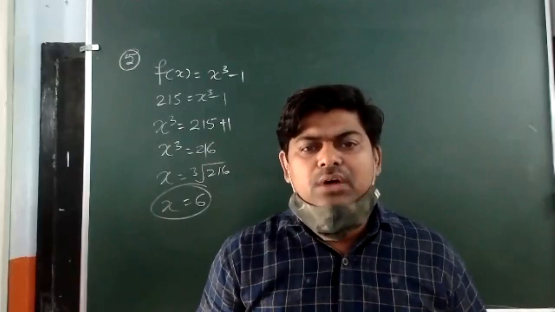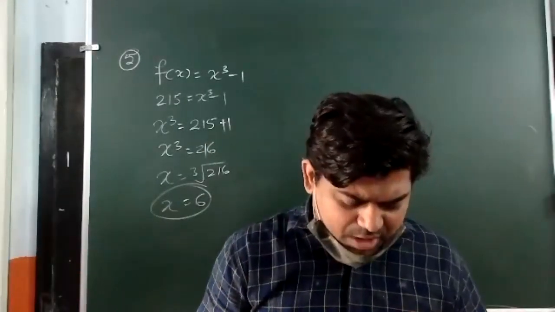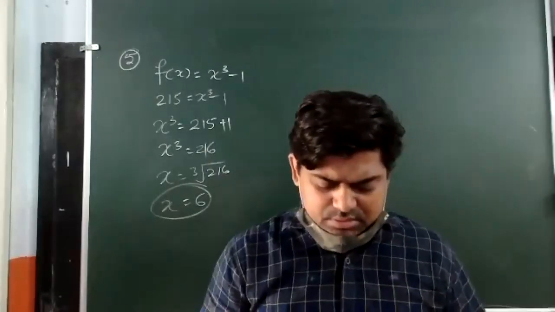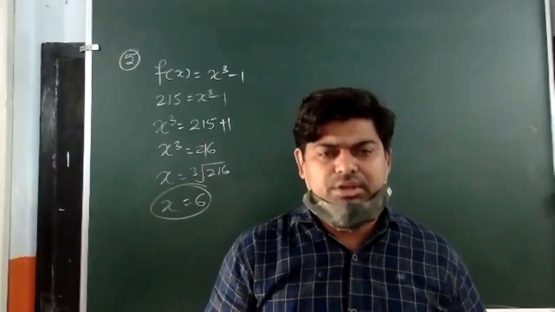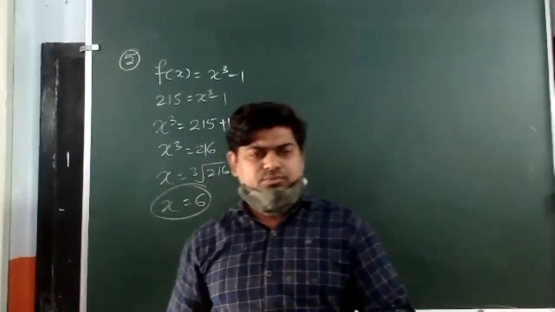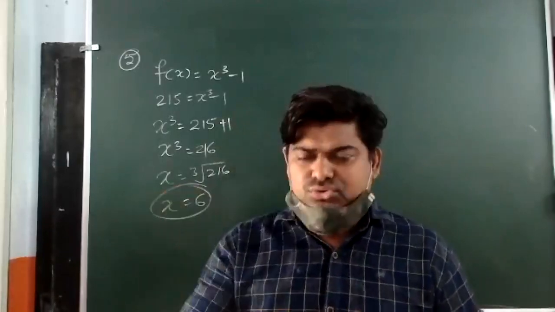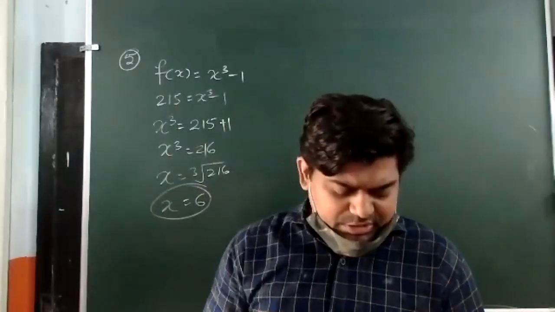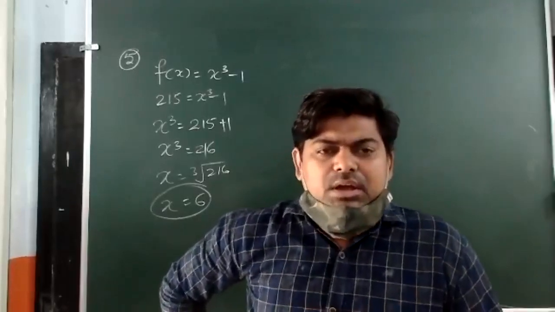Domain means the values of x given, and then it asks to find the range, and then f(3), f(-2) and x if f(x) is equal to 9. Okay, listen very carefully. I'm not going to do this question here, because question number 7 I will do will be the same type of question, while explaining this one.